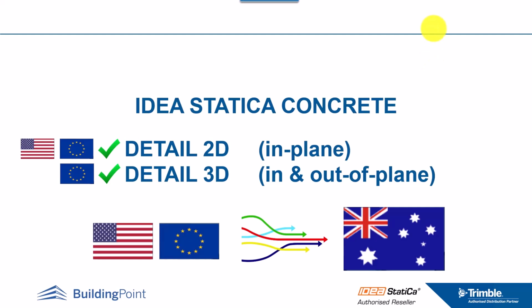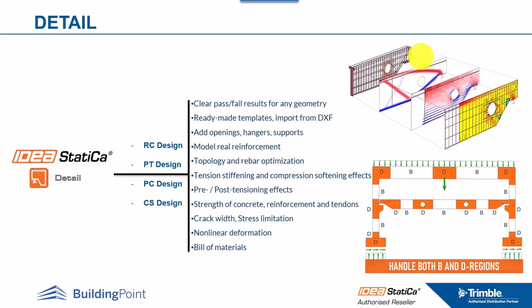So let's go ahead and first understand what IDEA StatiCa Detail is. Then we will talk about Detail 2D and 3D. As you can see in this slide, with the Detail application you can design different types of sections. You can go for RC design, reinforced concrete design.